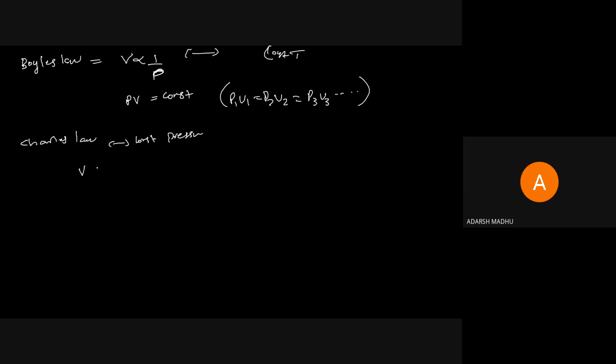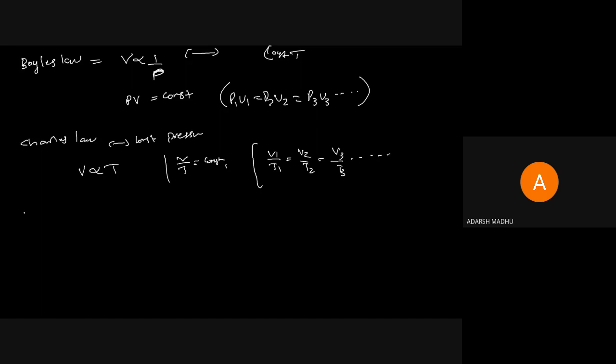So Boyle's law says that at constant temperature, volume is inversely proportional to pressure, and Charles law says that at constant pressure, volume is directly proportional to temperature. V proportional to T, that is V by T equal to constant. Like this we can write V1 by T1 equal to V2 by T2 equal to V3 by T3, etc.